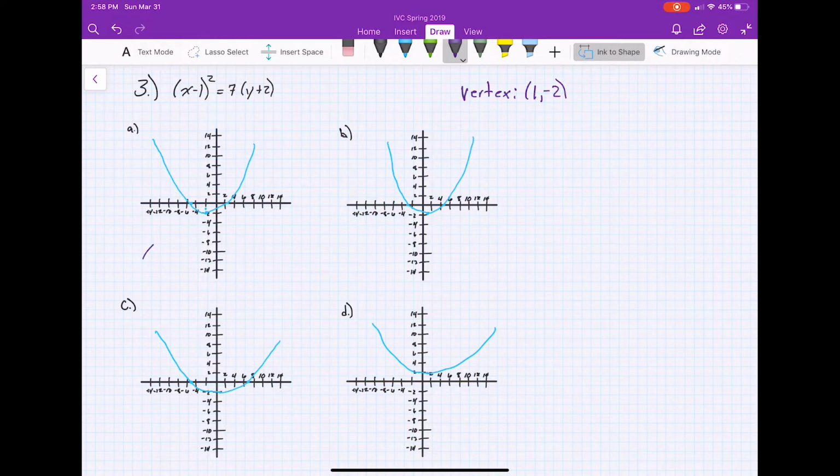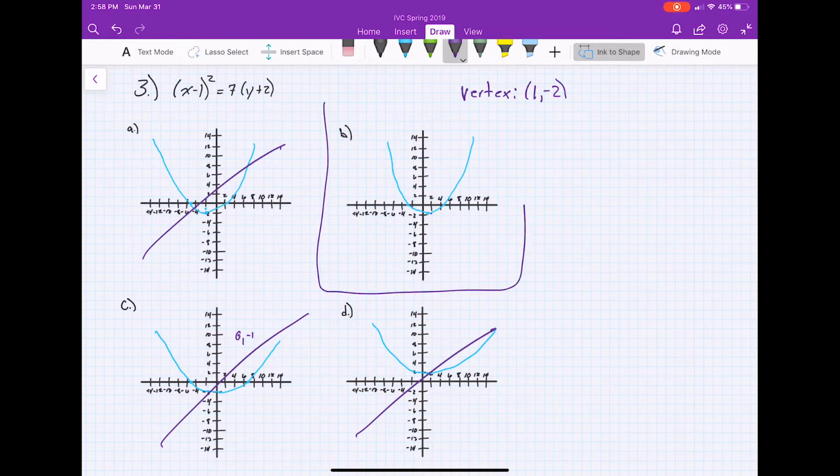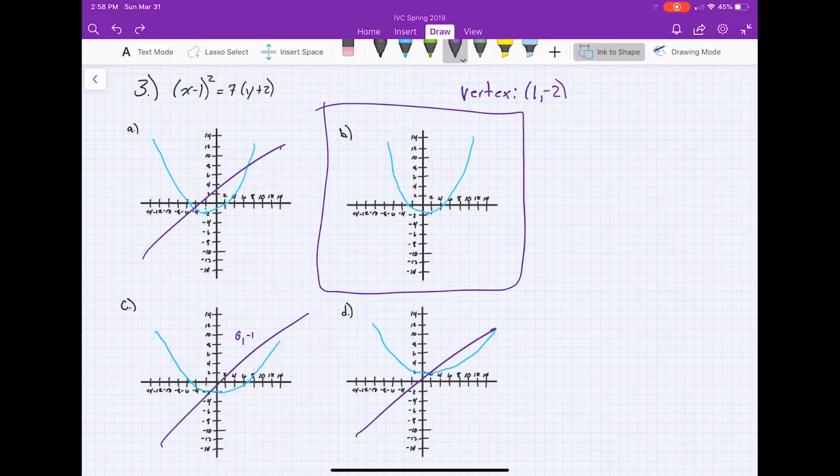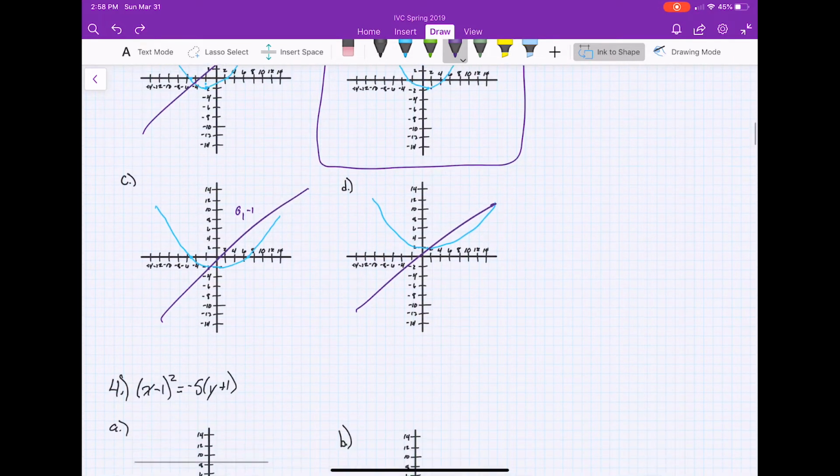That's the vertex that I get out of the equation. This one doesn't have it. This one doesn't have it. Number C looks like 0, negative 1, so that's not right. That only leaves us B. And sure enough, if we look, 1, negative 2 is the vertex.